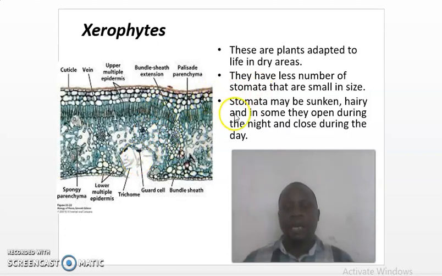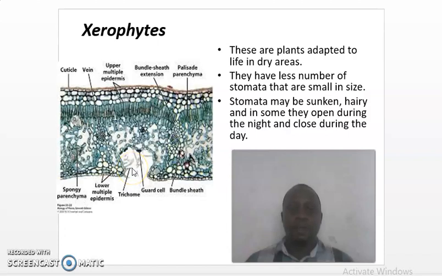Another adaptation is that the stomata may be sunken. They may also be hairy, meaning that there are some hairs surrounding the stomata.